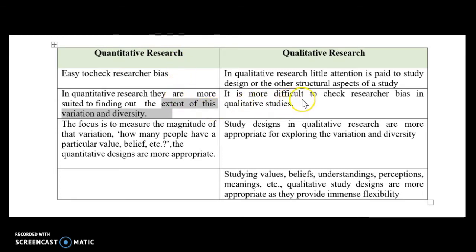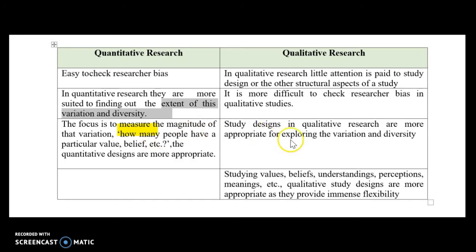But in qualitative research, it's less so. The focus is not on measuring the variation by asking questions like how many, how much, or to what extent there is a difference.